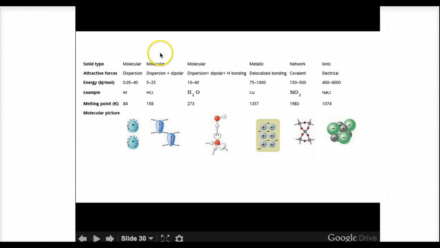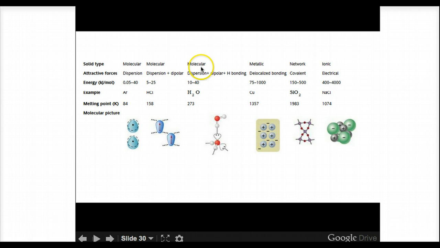Then we have dispersion and dipolar, which means if you are polar, you also have dispersion, but now you're adding dipolar. Your energy now goes from 5 to 25. HCl is an example. It doesn't H bond. Its melting point is 158 Kelvin, which is lower than 273. That's why it's a gas.